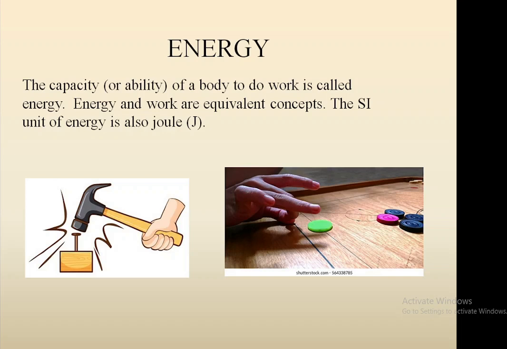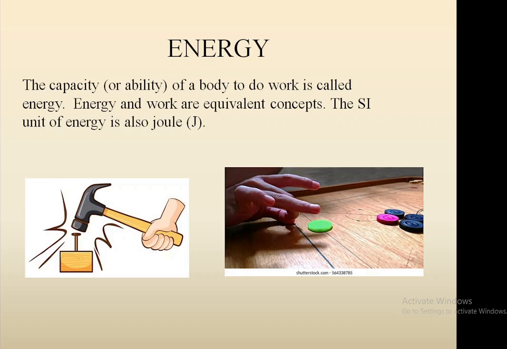So can you say what is the unit of energy? The unit of energy is the joule, because energy is the capacity to do work, so it is the same concept as work done, and the same unit is used for energy also.